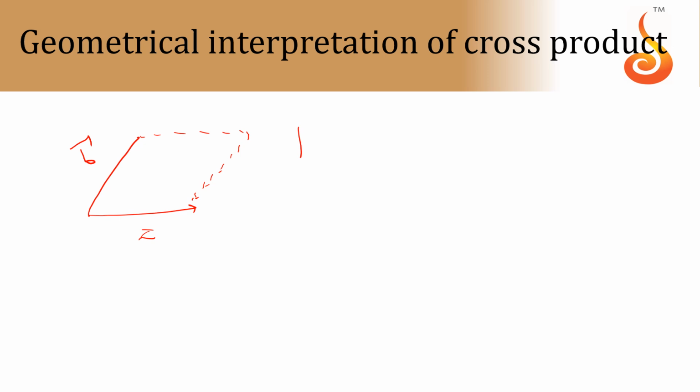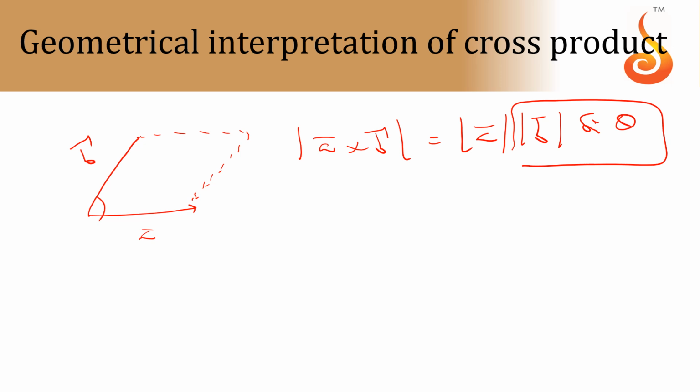So that's the reason modulus of a bar cross b bar is mod a bar mod b bar sine theta, where theta is the angle between them. That mod b bar sine theta is nothing but the height of the parallelogram. That's why geometrically a cross b is a vector whose magnitude is area of the parallelogram, taken a bar b bar as the adjacent sides. Half of that will give you area of the triangle.